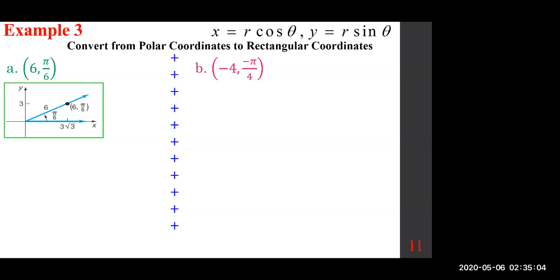Sometimes it's really helpful, especially when you want to graph functions and equations. You'll see that. In any event, what is x? r cosine theta. And it ends up being 3 square root of 3. I'm assuming we are all very familiar and comfortable with common arcs. And what about y? r sine theta.